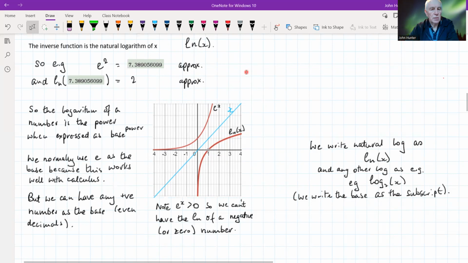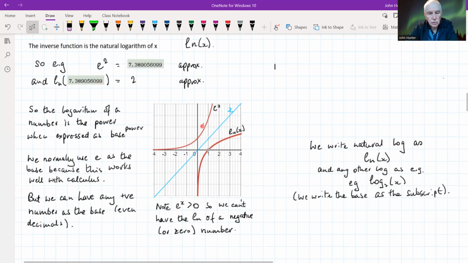So I mentioned e to the power of 2 evaluates to this number approximately. And if we take the natural log of this number, then we end up with 2. I've said that the log of a number is the power when expressed as base times power.